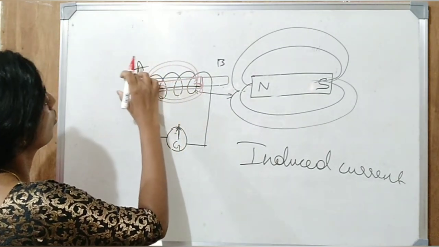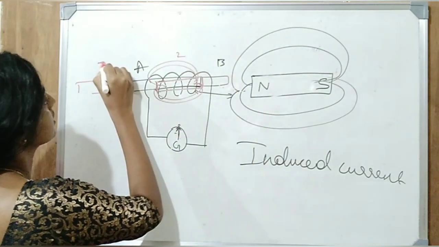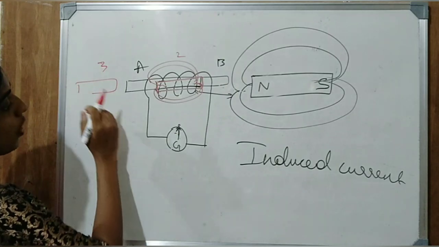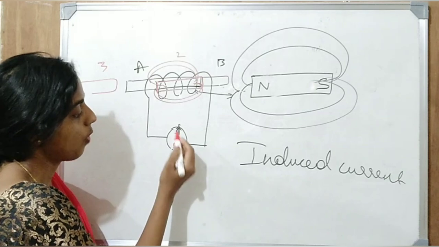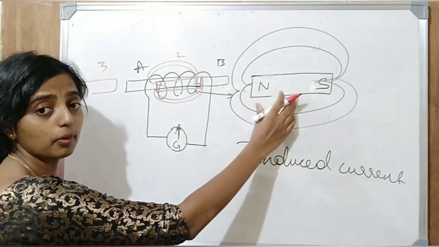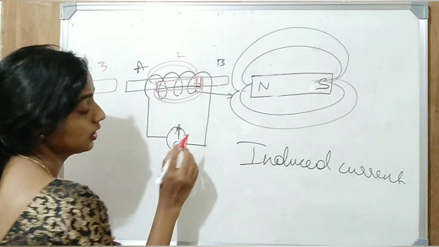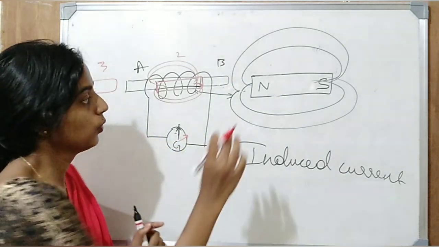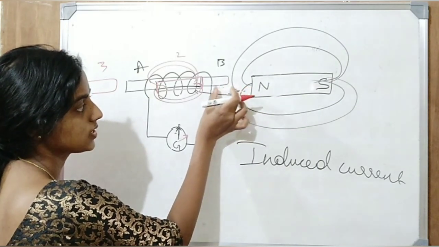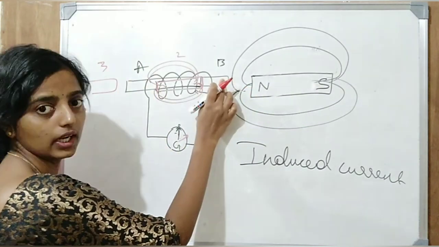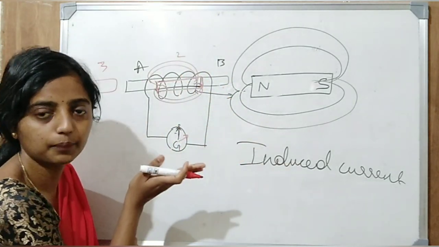So when we started to withdraw the magnet, this is the first step, this is the second and this is the third. When it started going away, what happens? We get a deflection, but opposite to the deflection we got in the first step. When the north pole came towards the coil, at either side A or B, we got a deflection towards the right.